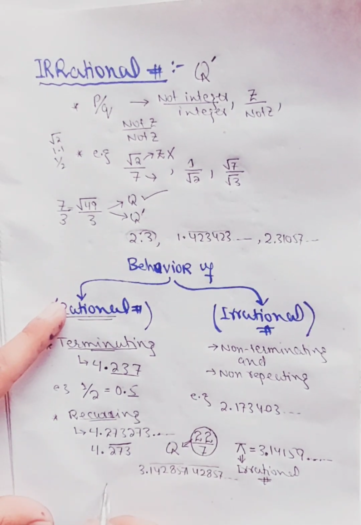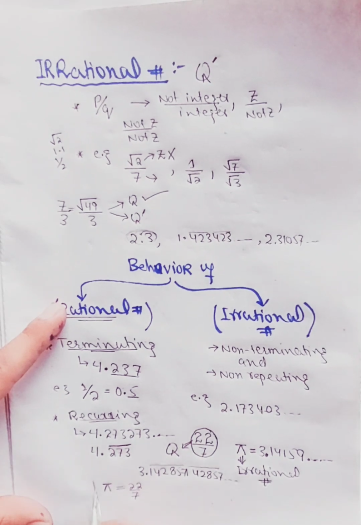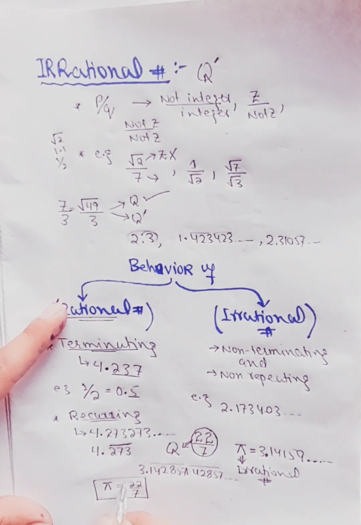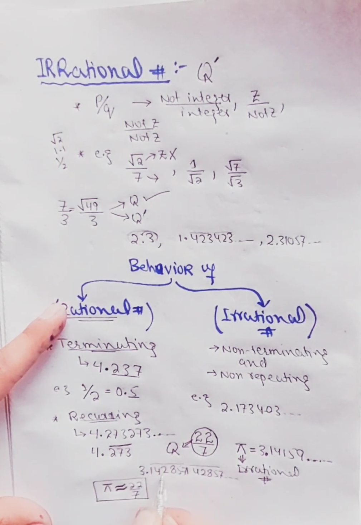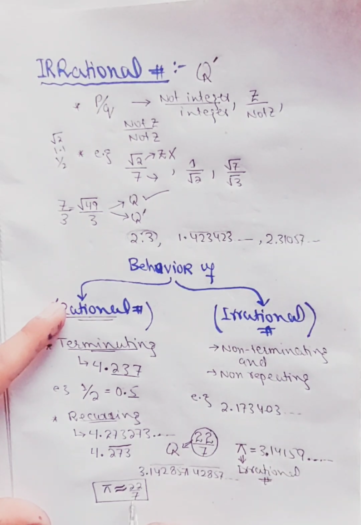You might have heard that pi is equal to 22 by 7. This is wrong. ये कैसे बराबर हो सकती है? एक इरेशनल नंबर है, एक रेशनल है, तो दे कैन नॉट बी इक्वल, बट they are approximately equal. Pi is approximate क्योंकि ये भी 3.14 something है और ये भी 3.14 something, so they are approximately equal.